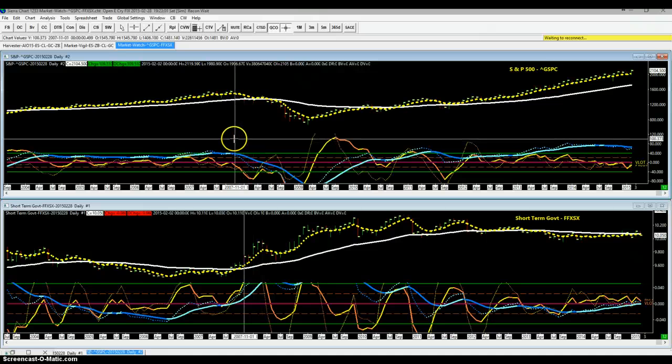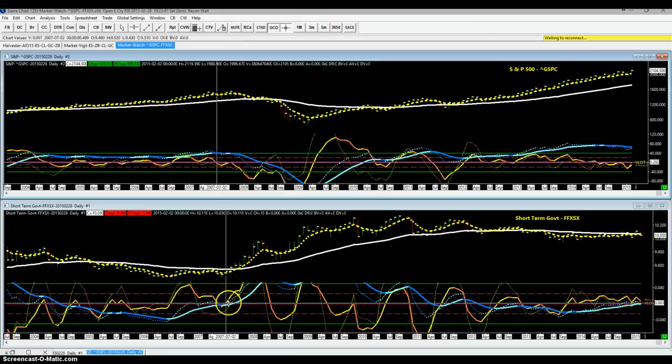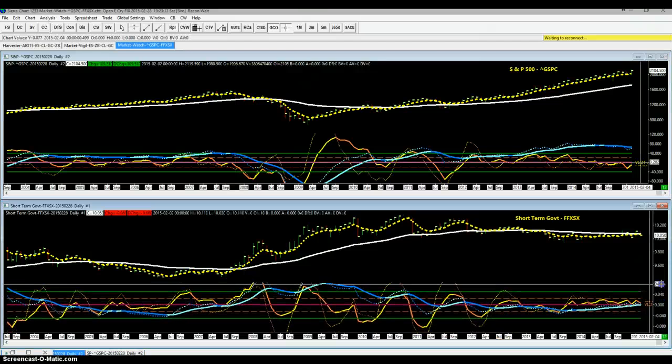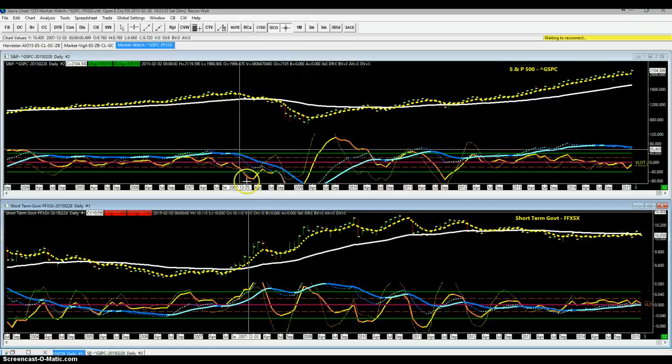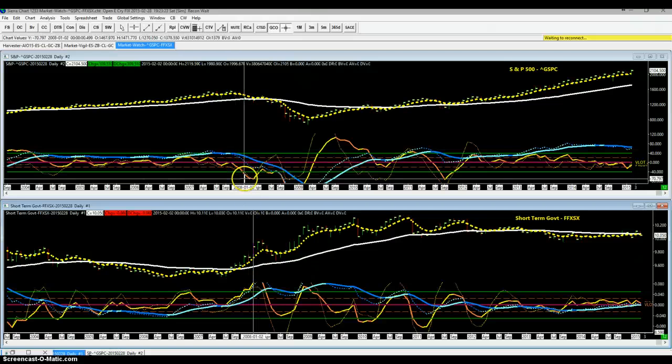Back here during the housing crisis. Because back here in the housing crisis in January 2008, you see that the MACDs of the bonds crossed above the zero, and the pins and the primes were well outside the upper mids, as the pin and prime of the S&P 500 equities went below the lower mids.